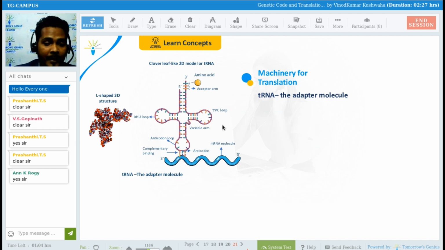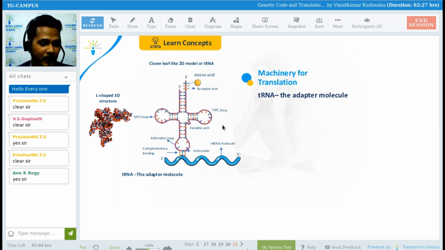Now we also require tRNA. So you know the role of tRNA. What is the role of tRNA, by the way? I've told you the role of tRNA in the protein synthesis. So I just wanted to know from you. I already wrote on the screen what is the function of tRNA, right?